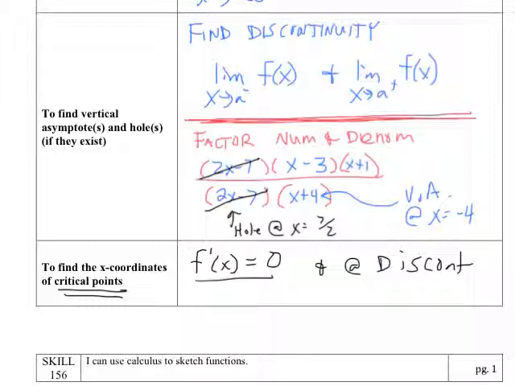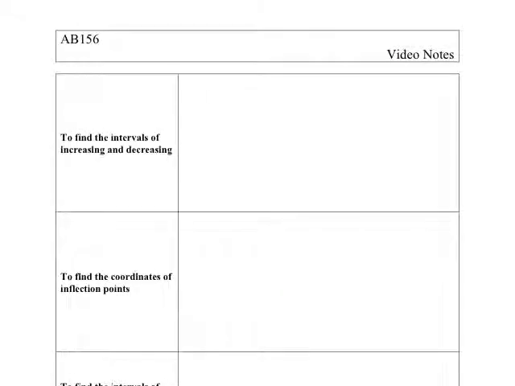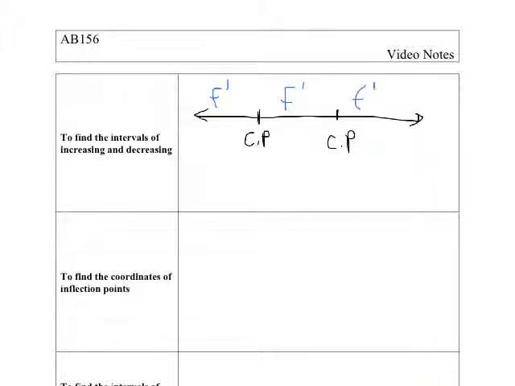Okay, let's take a look at the second page. To find intervals of increasing and decreasing, we've learned that what you do is you have your number line and your critical points, and then you're going to test f prime in each of these intervals.